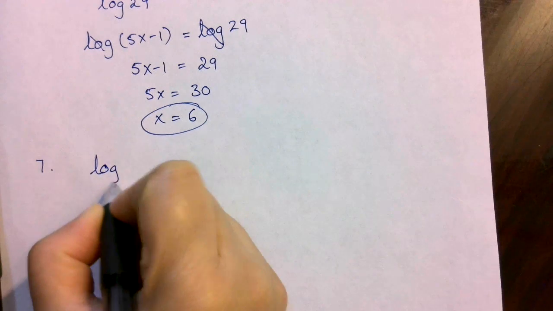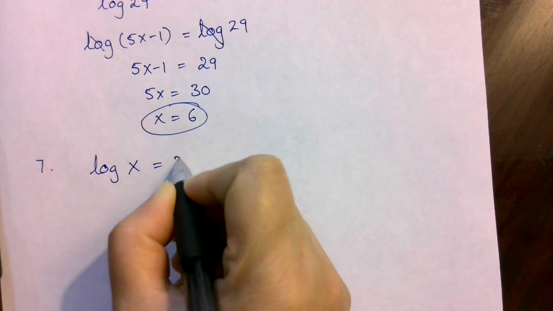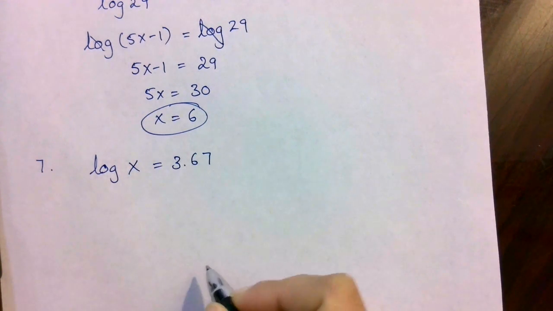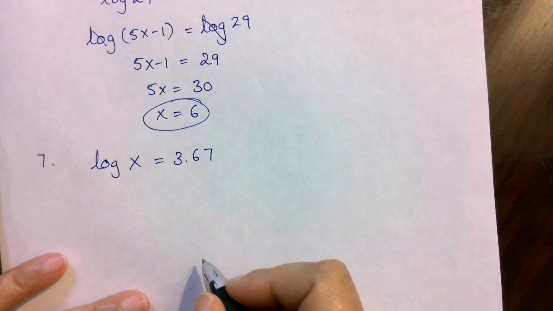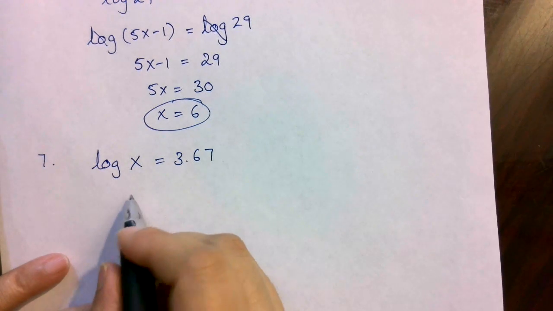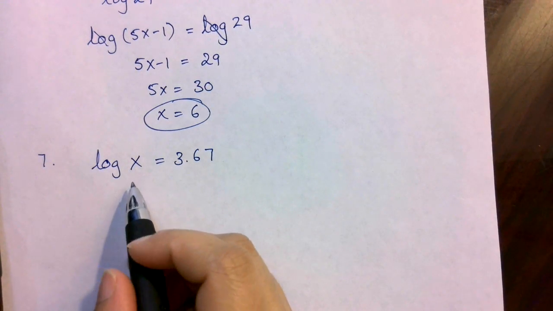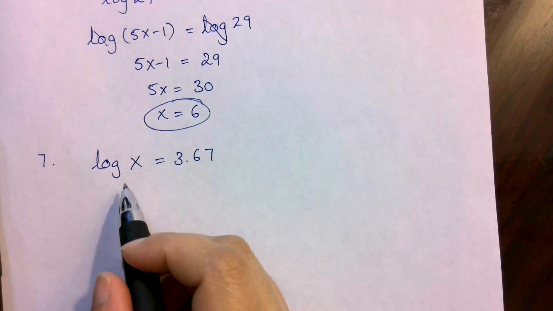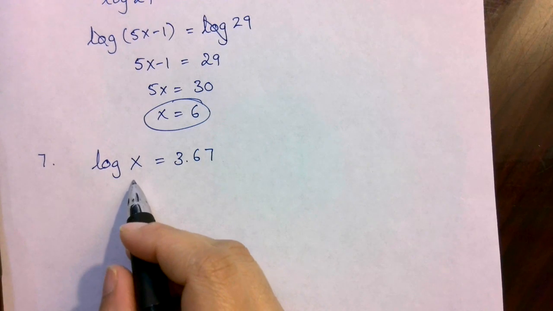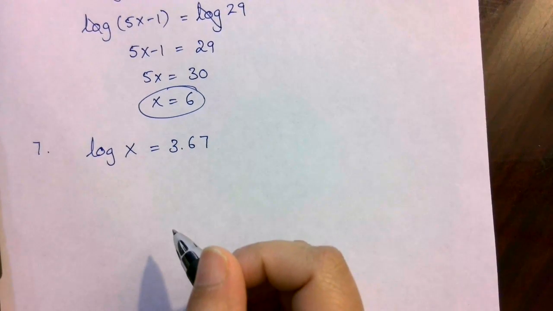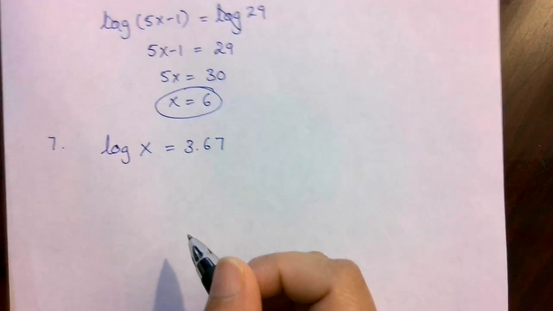Log x equals 3.67 is our next problem. Now I don't have two logarithms. What do I do? If you have a problem like this where you have just one logarithm on one side and a number on the other side, the easiest way would be to change it to exponential form. How do we change it to exponential form?